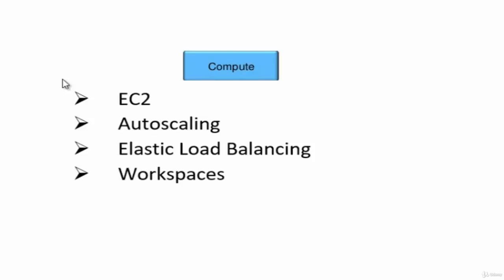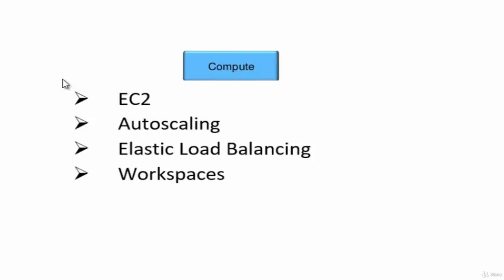That means if your application or server is overloaded, you need some more resources to compensate for those spikes. In that case, auto scaling will generate a few more instances to help you compensate for the load.